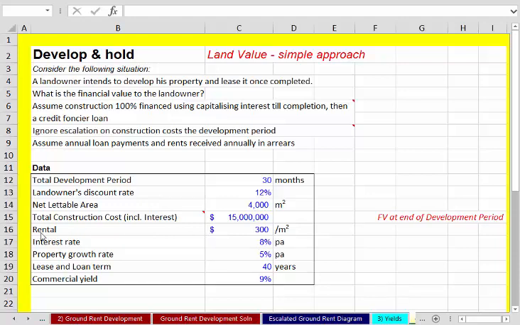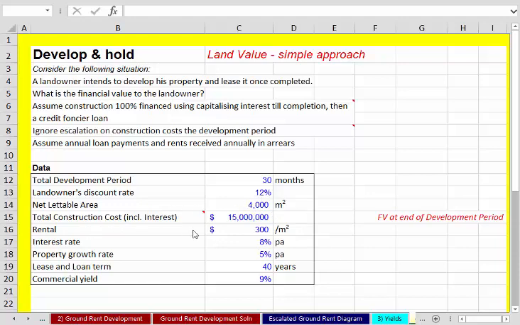Here, what you'd get from the market more often is a rental in terms of a rate per square metre, which is what you can find in the market. It's the currency of commercial rents, and to that we add the net lettable area, how big the property is, how many square metres we can actually lease out.